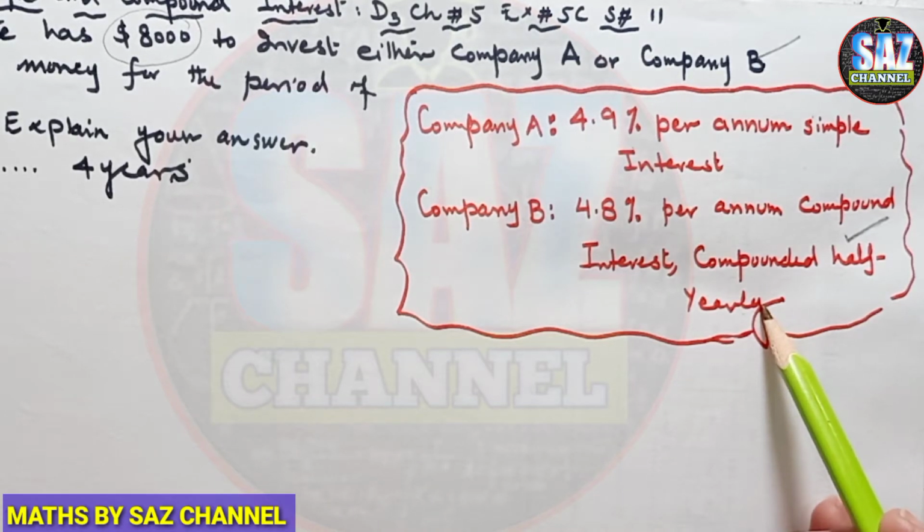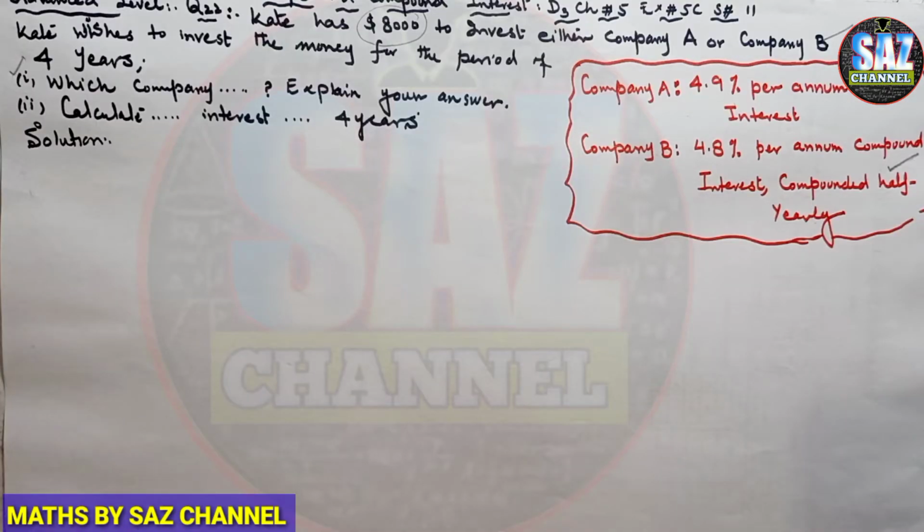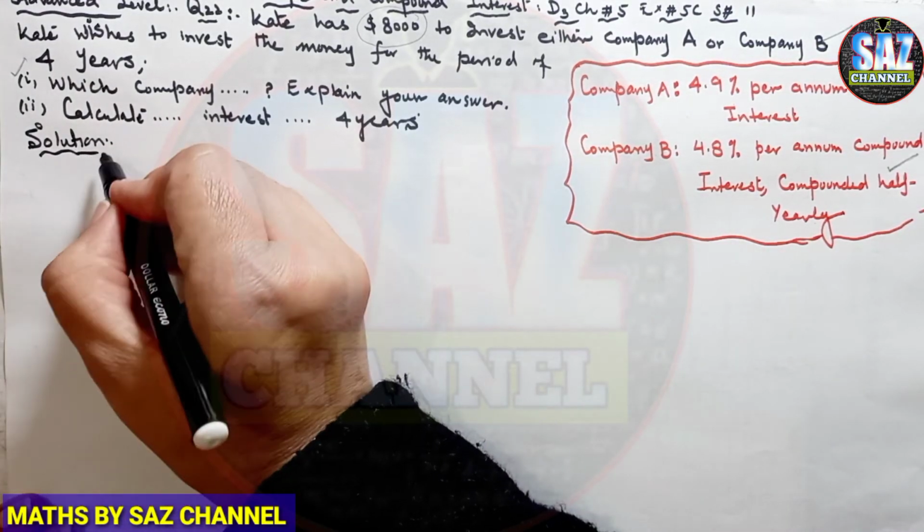First of all, we have to find the interest for both companies and see which company gives us more interest, and that will be the preferable company.